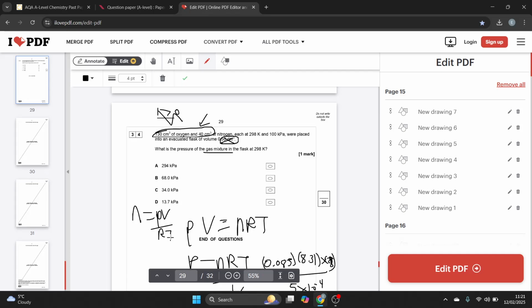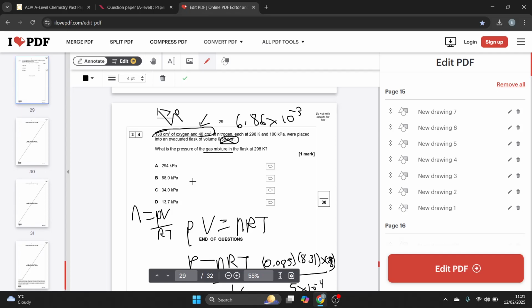So n equals the pressure in pascals, 100 times the volume, 170 times 10 to the power minus 6, divided by R, 8.31 times the temperature, 298. Then yeah, I get a different number of moles. Perfect.